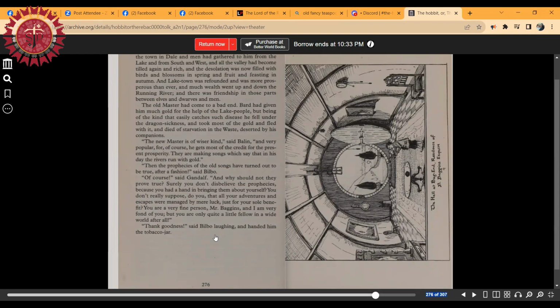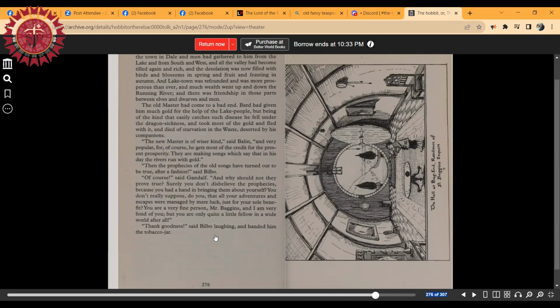"Then the prophecies of the old songs have turned out to be true after a fashion," said Bilbo. "Of course," said Gandalf. "And why should they not prove true? Surely you don't disbelieve the prophecies because you had a hand in bringing them about yourself.